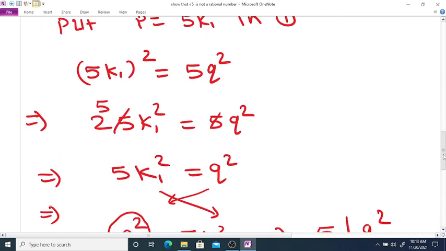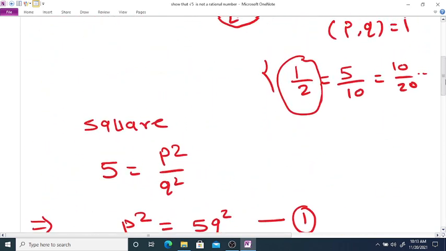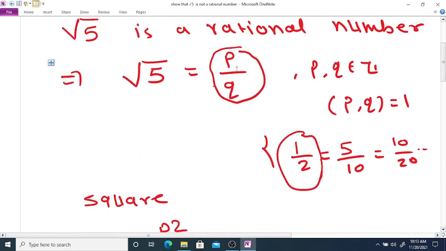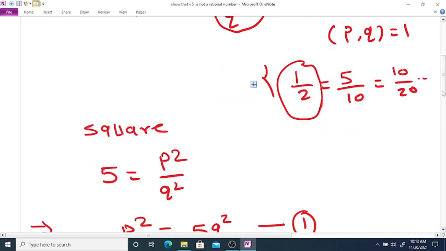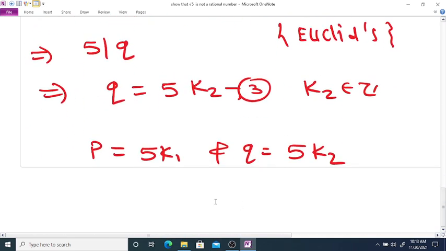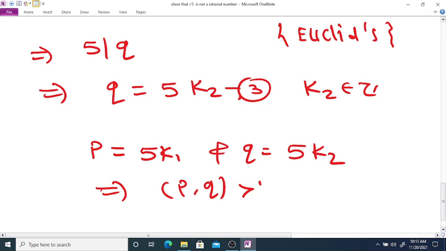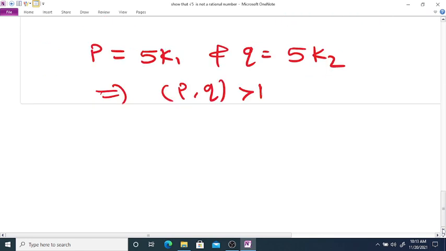That is, we assumed here p and q form an irreducible fraction, that is, there is no common term on the numerator and denominator, that is GCD of p and q is equal to 1. But here there exists a common divisor of p and q which is greater than 1. So this implies GCD of p and q is greater than 1, which is a contradiction.